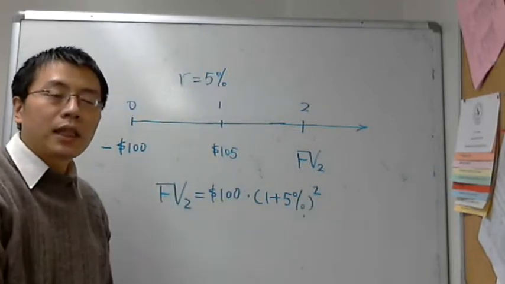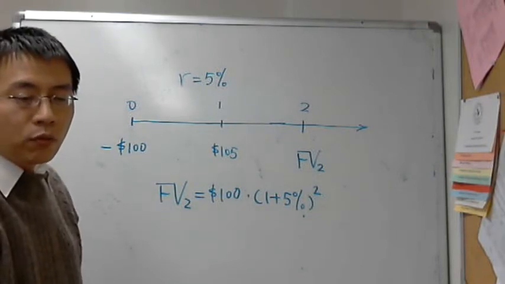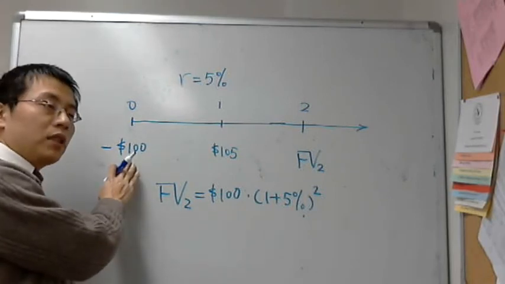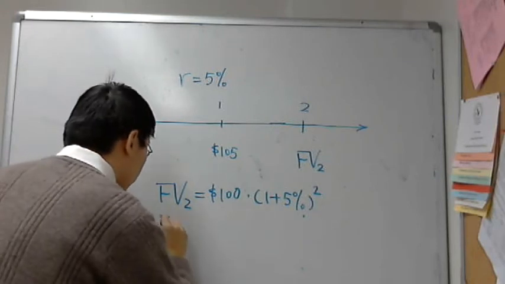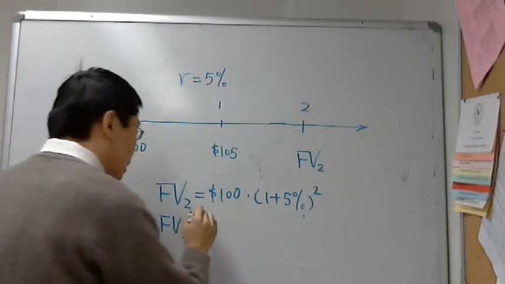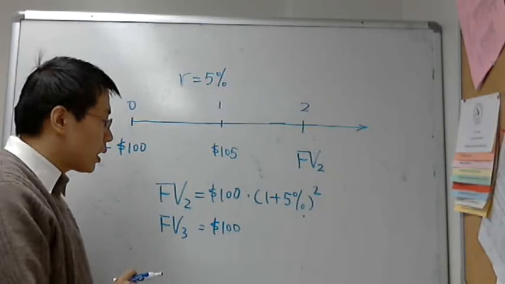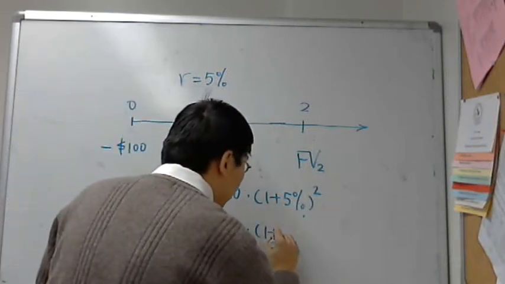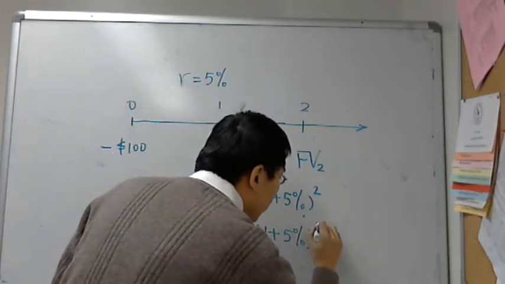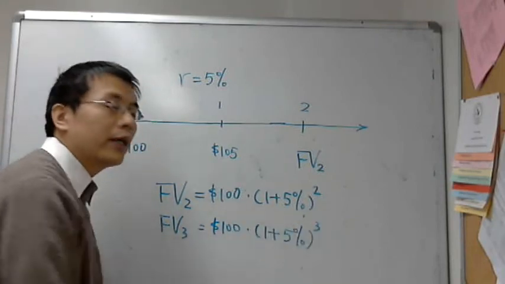Now if I'm going to extend this example, suppose we want to save for 3 years. What is the future value of $100 saved today? You should get this relation. Future value by the end of year 3 is going to be the initial deposit of $100 times 1 plus the period interest rate saved for 3 periods. So you see the number 3 right here.